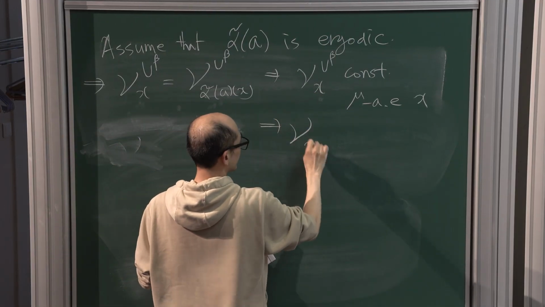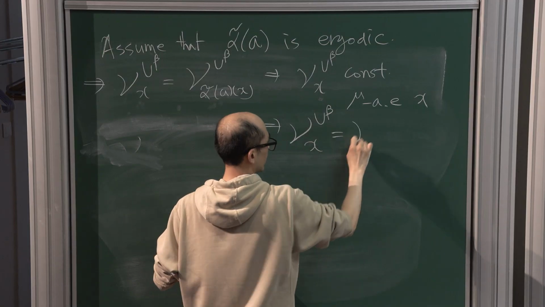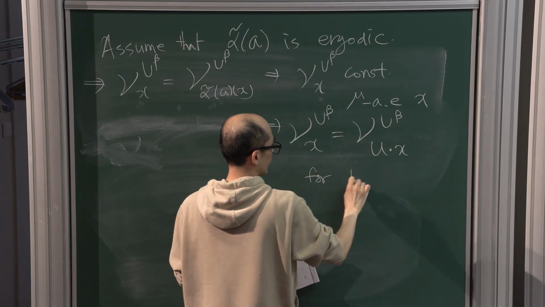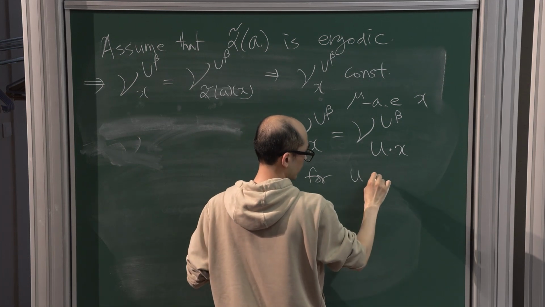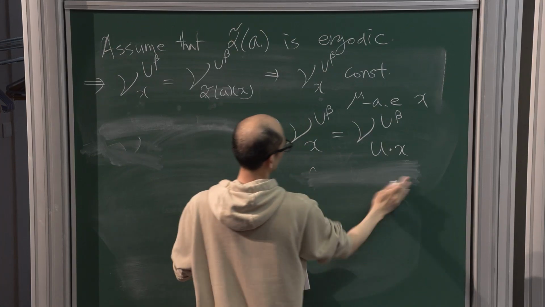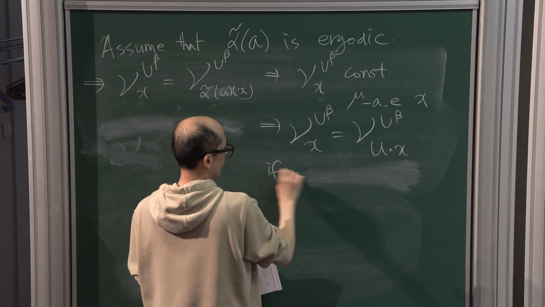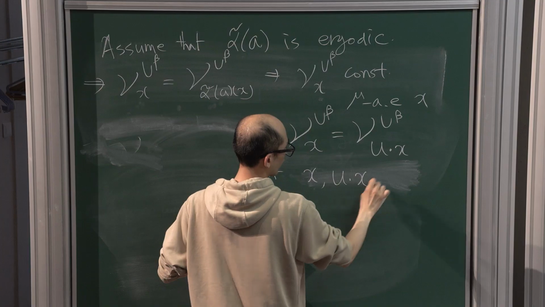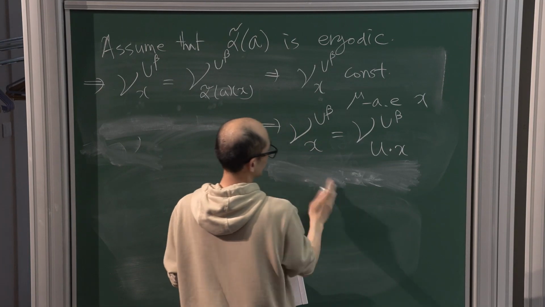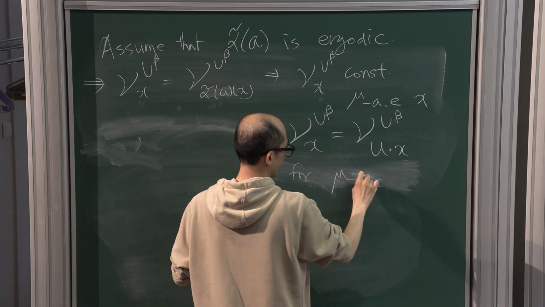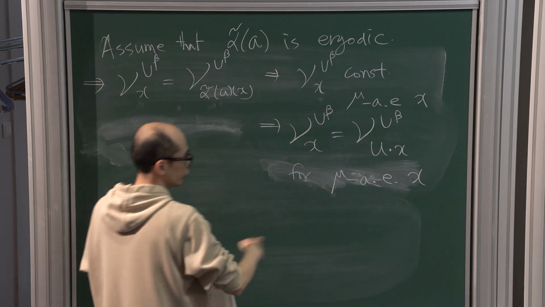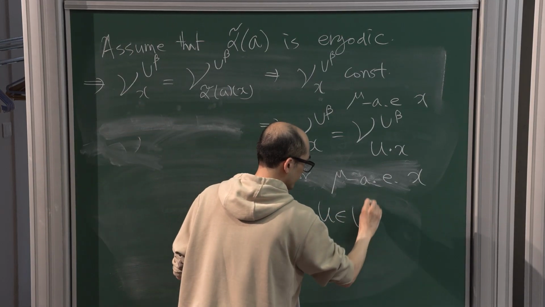So especially for u in U, let's say this way. If x and u of x are well defined on the full measure set, for mu almost every x, and u in U beta.